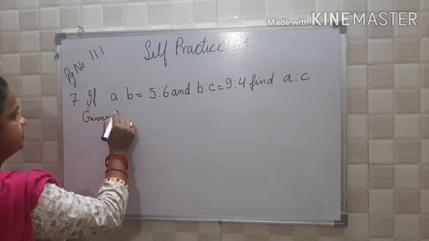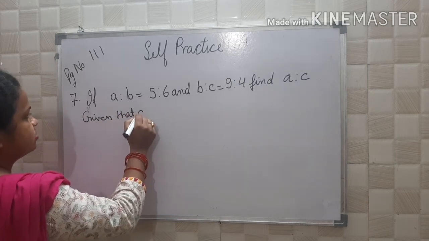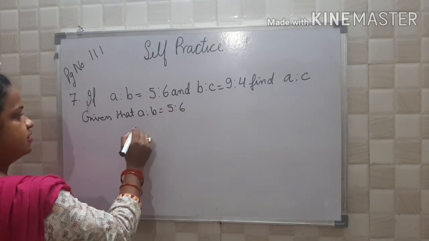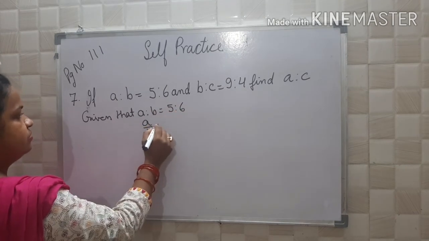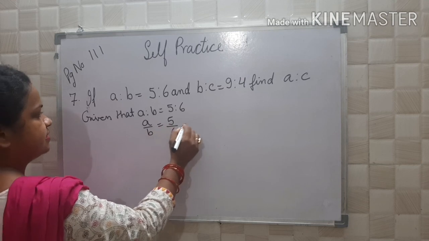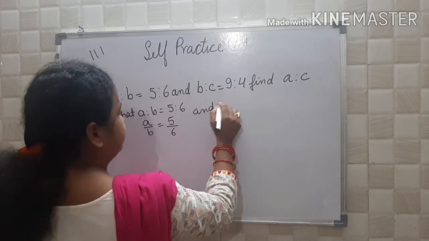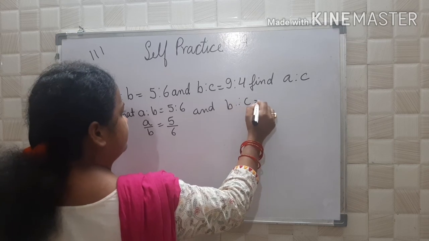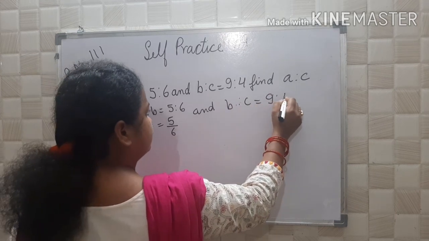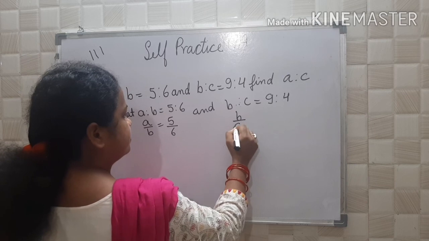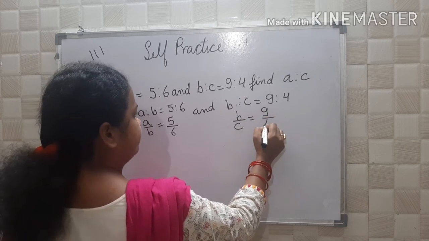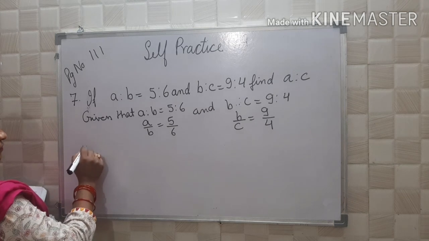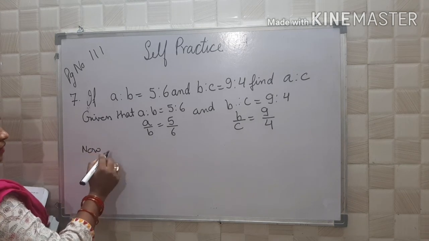Given that A is to B is equal to 5 is to 6, means A upon B is equal to 5 by 6, and B is to C is equal to 9 is to 4, and B upon C is equal to 9 by 4.